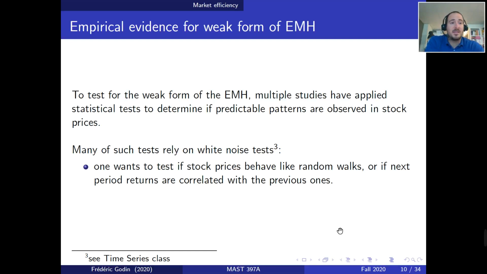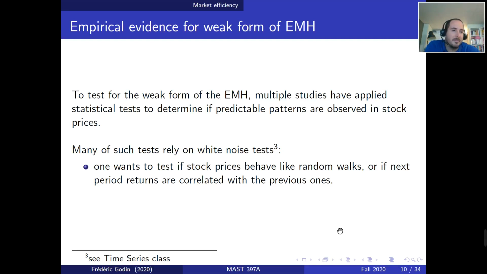Of course, this is a highly interesting question for investors, because if there are predictable patterns, then investors could exploit them to make profits. So investors would be very interested in learning about such patterns if they exist.